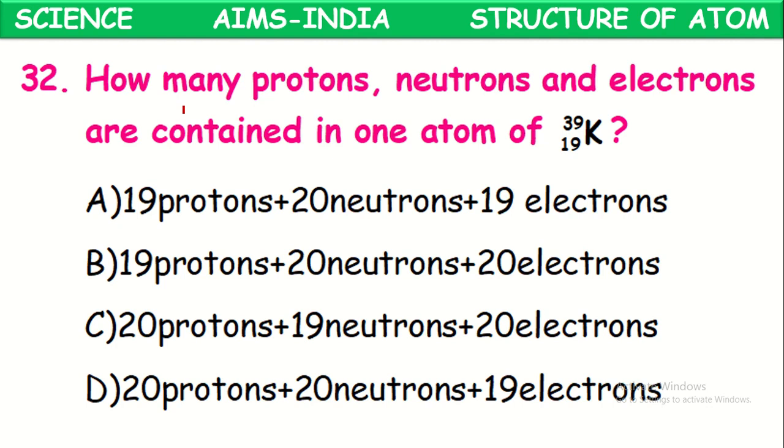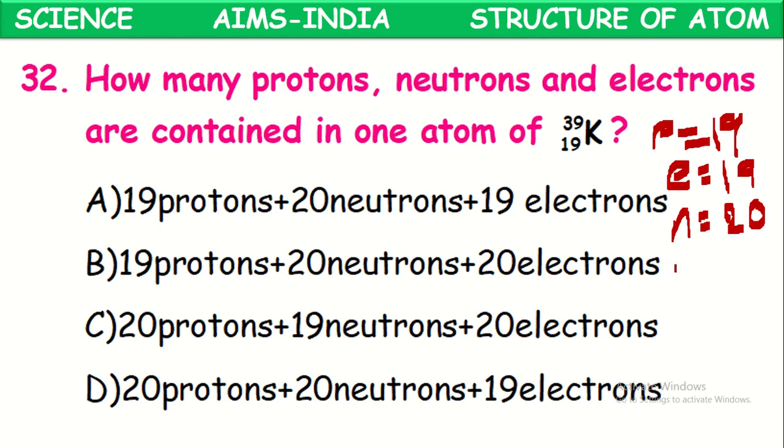How many protons, neutrons, and electrons are contained in one atom of potassium 39? So, atomic number is mentioned as 19, so protons should be 19. And it is a neutral atom, so electrons also should be 19. Next, the number of neutrons is the difference between the mass number and atomic number, that is 20.